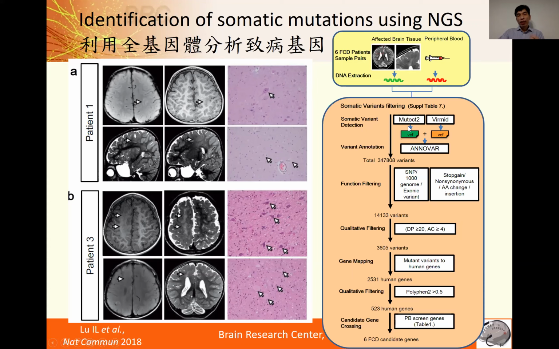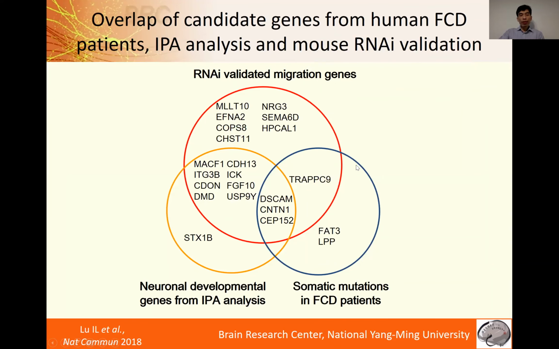Then we can identify these somatic mutations in this piece of tissue. Using this method, we specifically looked at the 33 genes that we identified using our mouse genetic screen, and we identified at least 3 of them overlapping with the patients in our population. That's DSCAM, contactin 1, and CEP152.